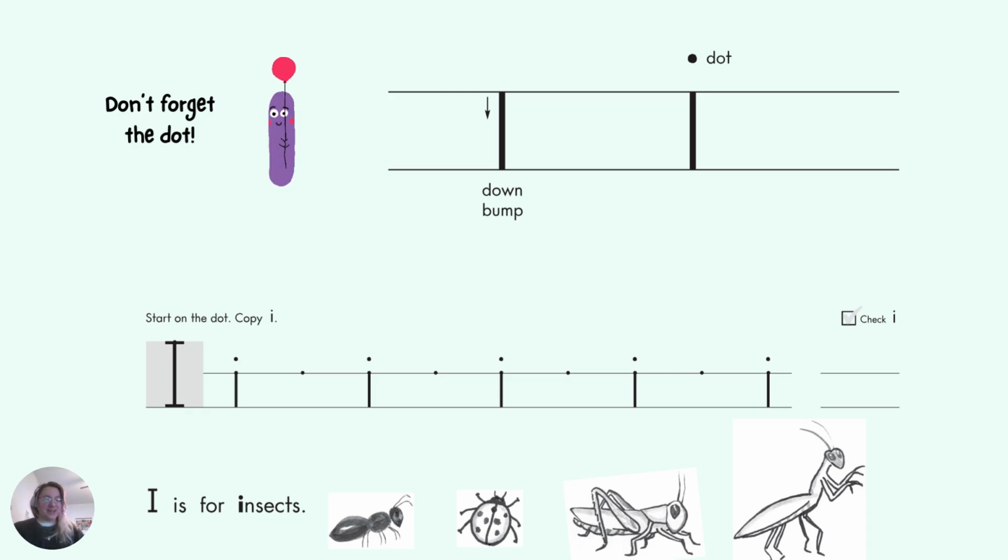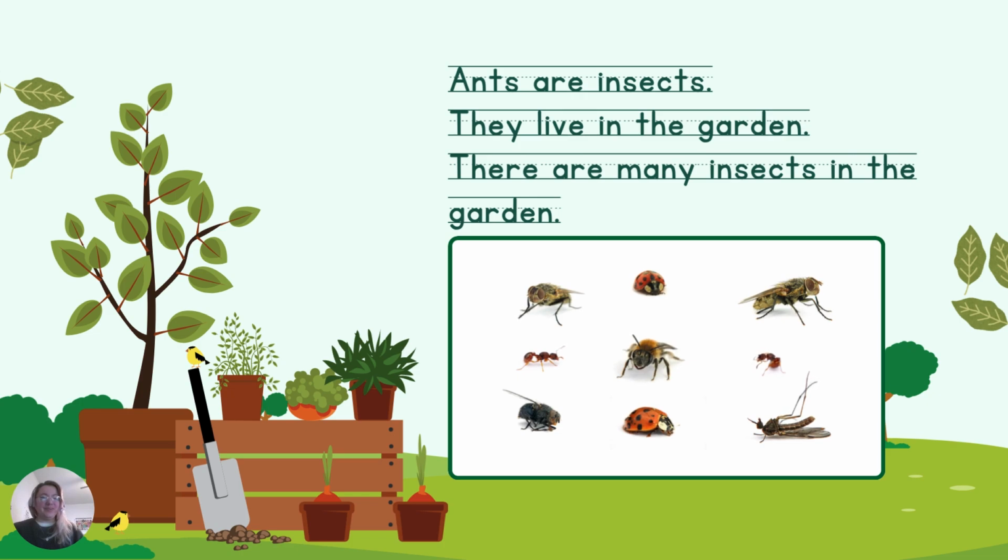I is for insects. Ants are insects. They live in the garden. There are many insects in the garden. I have lots of I words in here. Insects, live, in. These are my different insects. There are lots of different kinds.